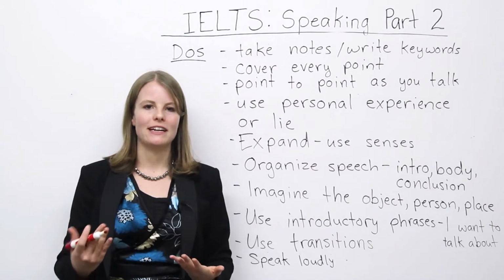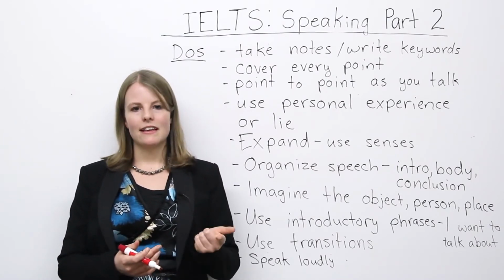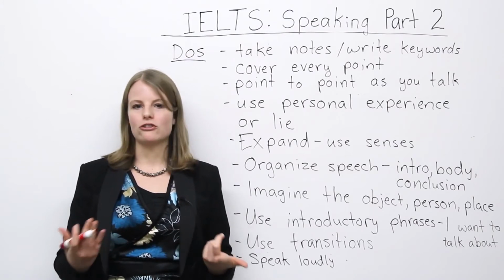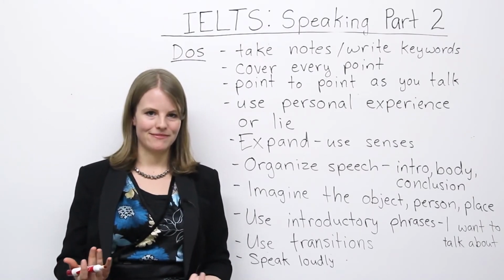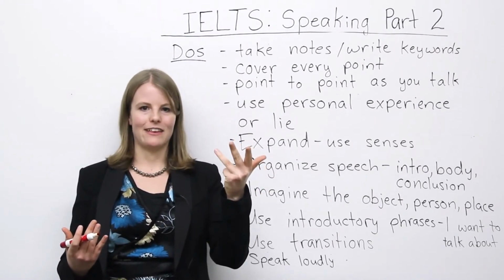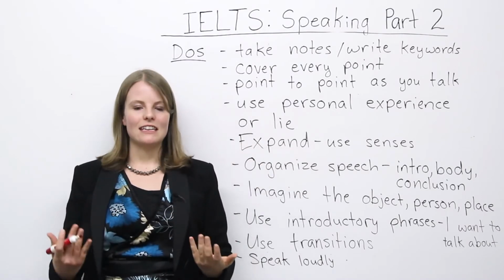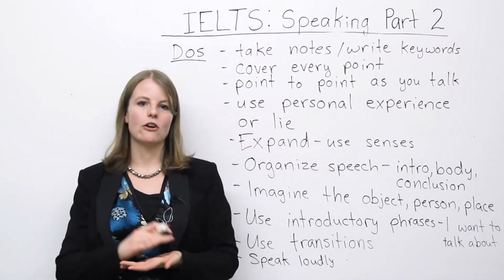You might be describing an event. First, we went to the soccer stadium. Then we watched the game. After that, we went for ice cream. So you can use these types of transitions. First, then, next, after that, finally. These will help you in your cohesion marks. So in your fluency and cohesion mark.